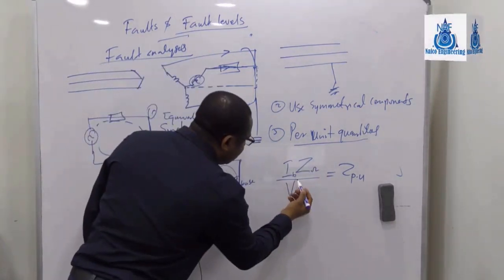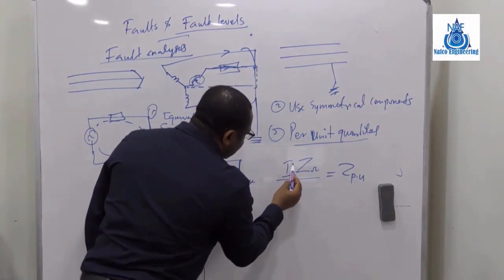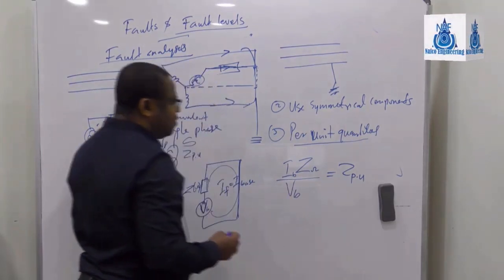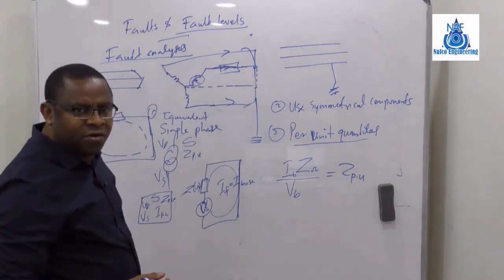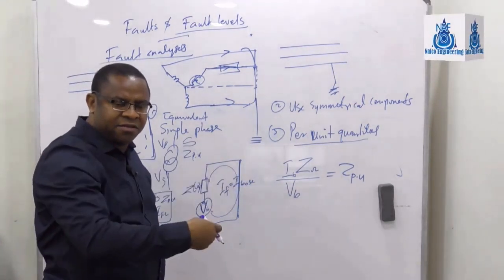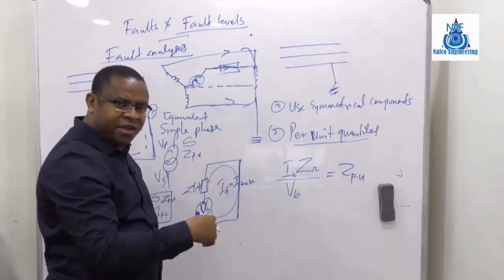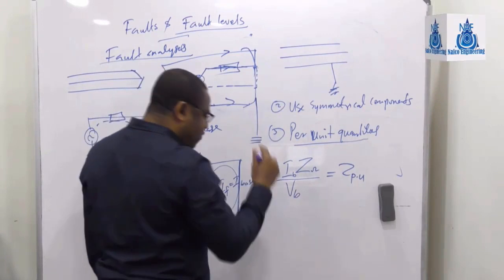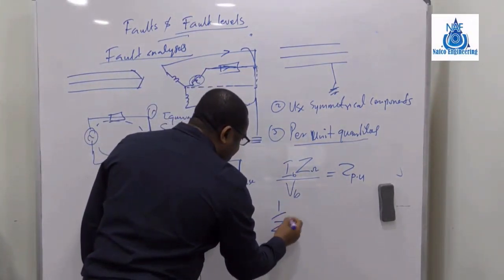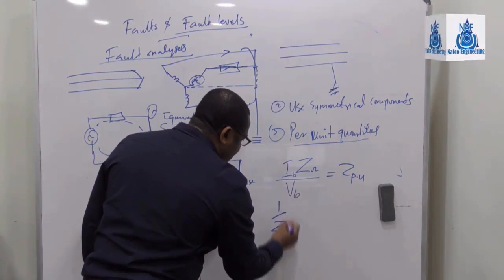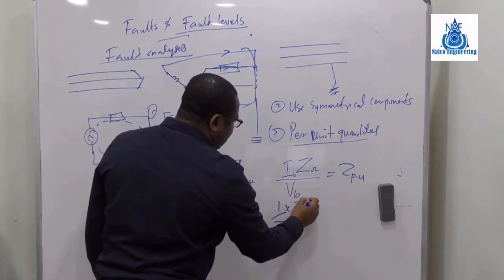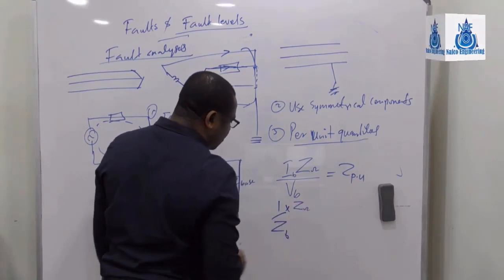Now, remember that if I have I base over V base, from Ohm's law, V over I is impedance and I over V is 1 over impedance. So 1 over Z, but this Z is as a result of this base value. So I'm just going to put 1 over Z multiplied by this Z, which is in ohms.